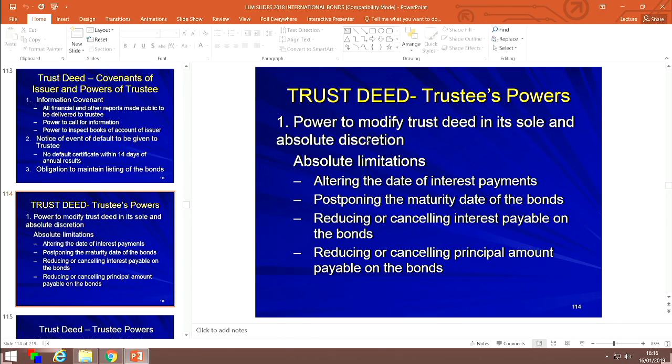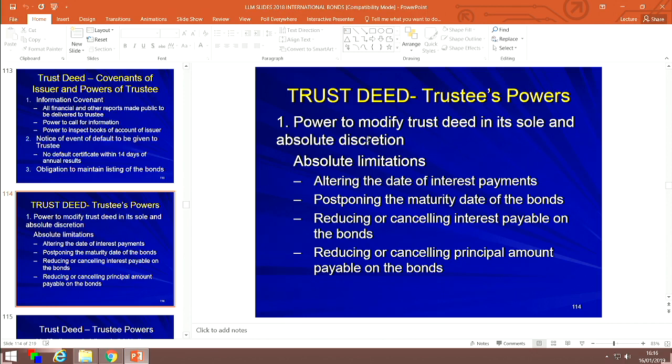Then you've got provisions in the trust deed relating to the trustee's powers. You know it has the power to call a default, which we've talked about earlier. It is a power to call for information. But then there are these very special powers. It's given a power to alter the trust deed itself.